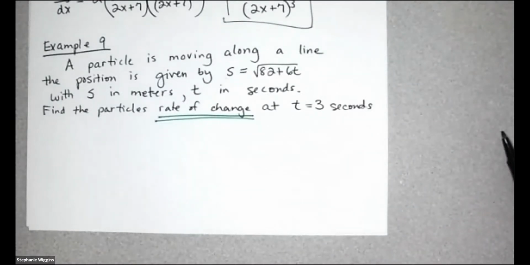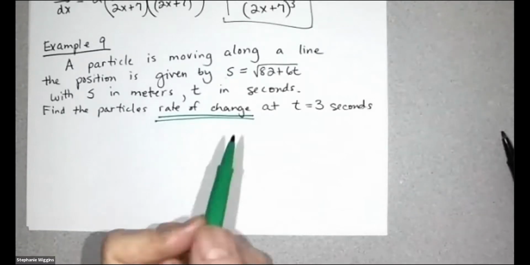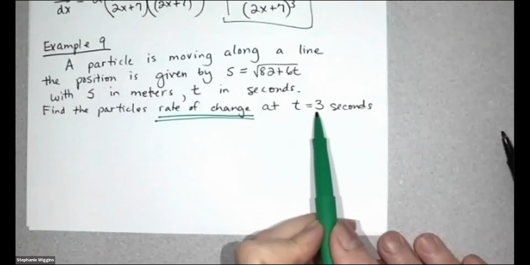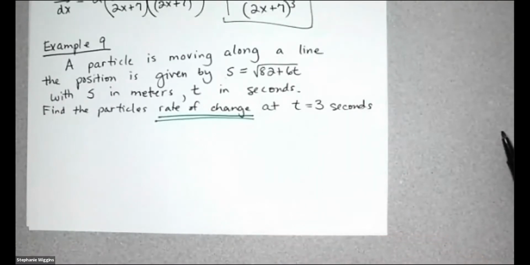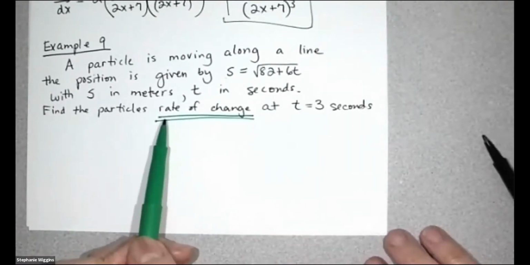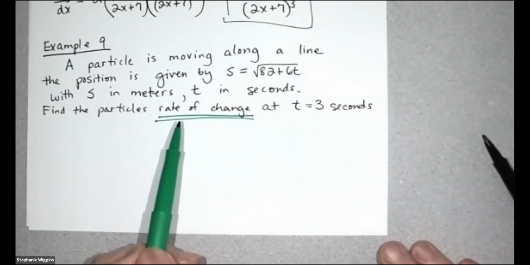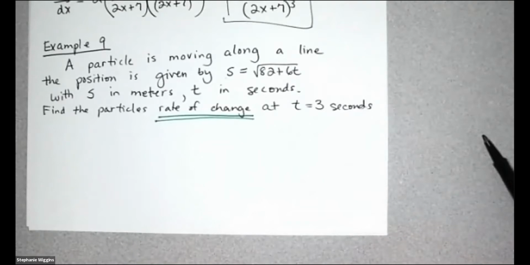And so you're talking about the rate of change at a point, in this case, t equals 3 seconds. So this is at an instant, not over an interval. So when you see just plain old rate of change as opposed to average rate of change, you're talking about the derivative here. So we need to calculate the derivative of S.